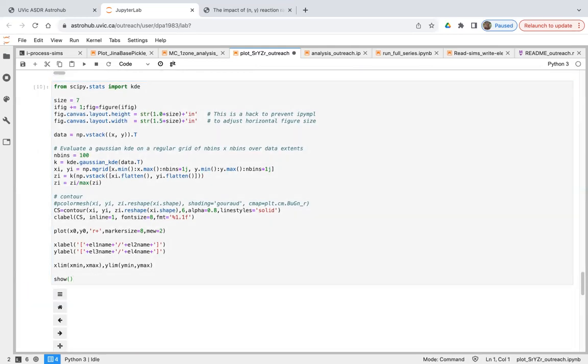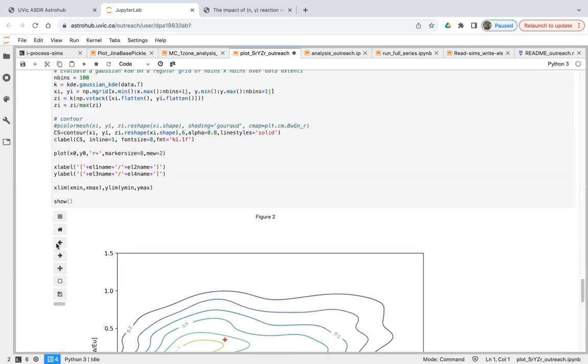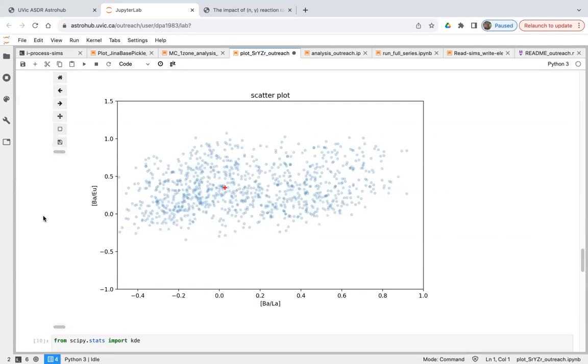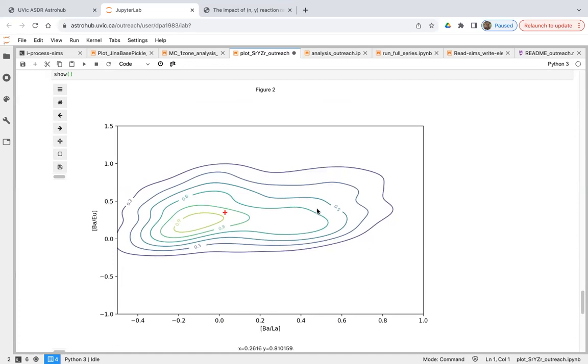The next cell will generate contour lines. This is the same plot, but instead of just individual points, here we have contour lines. These are actually probability distribution functions, or we call them mountains, like on a map.